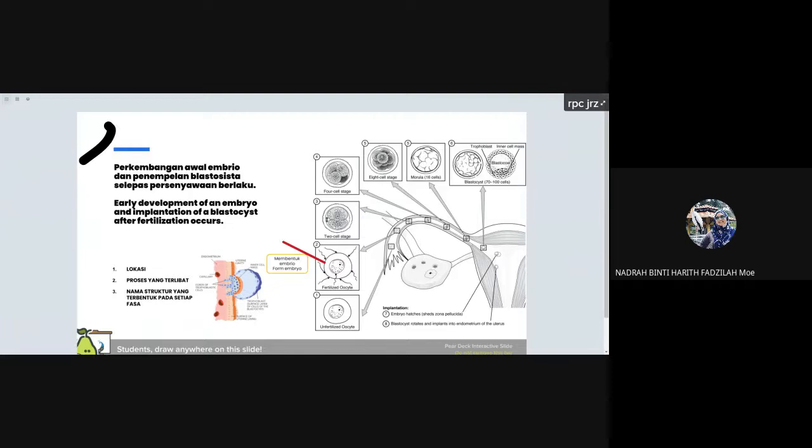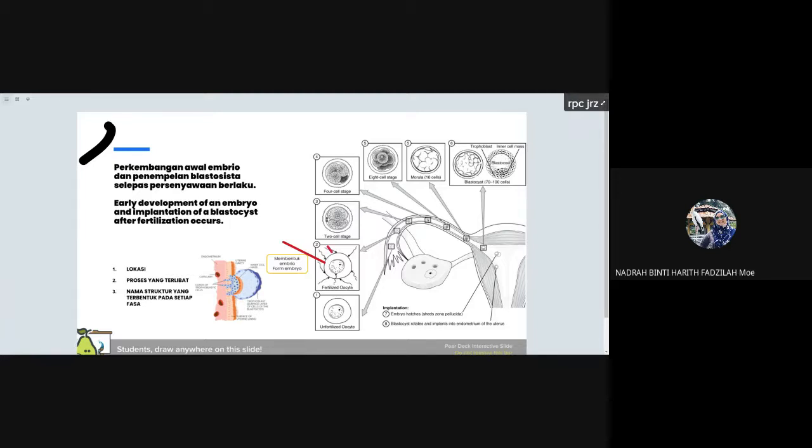Secondary oocyte will complete meiosis 2, lepas tu dia membentuk ovum, and then the nucleus of ovum will fuse together with the nucleus of sperm to produce a zygote, a diploid zygote. So sekarang ni pada level ni dia dah jadi diploid zygote lah kat sini.